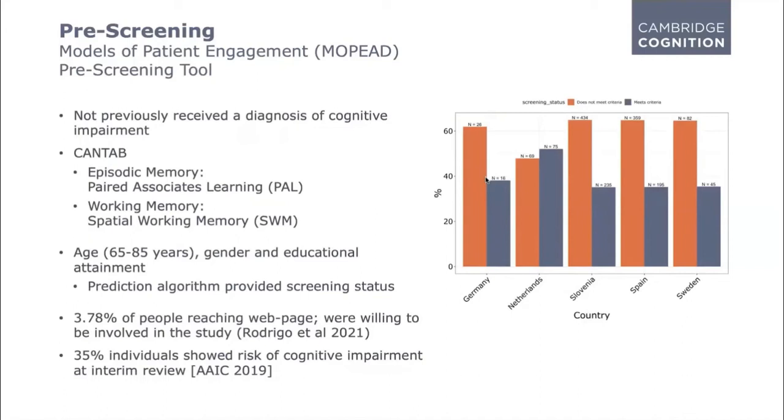Within the tool, these participant scores, adjusted for age and gender, were then reviewed by an algorithm to determine whether they met the criteria for impairment, which could be a risk of an underlying disorder, or in fact whether they were worried well and were not showing signs of risk of impairment.